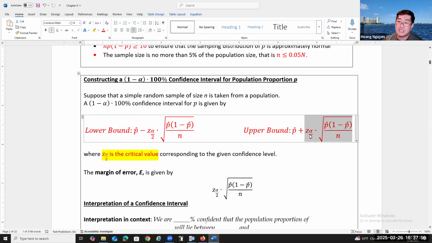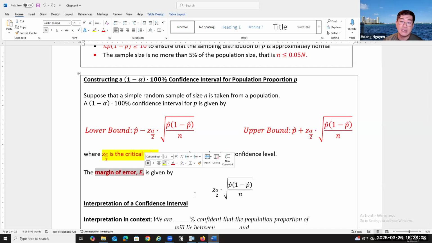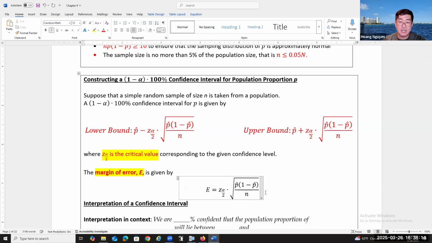The calculation z sub alpha over 2 times the square root of p hat (1 minus p hat) over n is the margin of error E. So the margin of error E is equal to z sub alpha over 2 times the square root of p hat (1 minus p hat) over n. So we take the point estimate plus or minus the margin of error E.